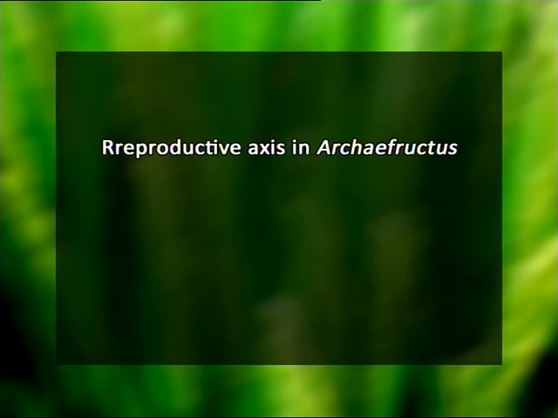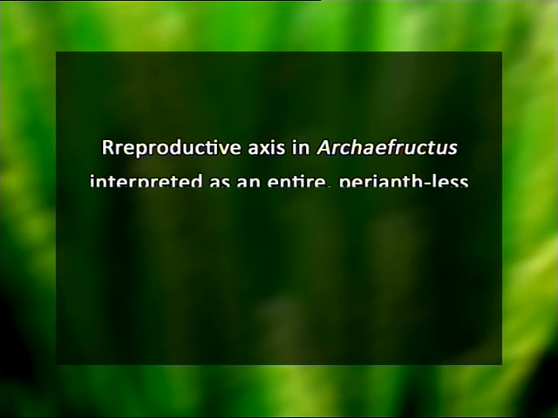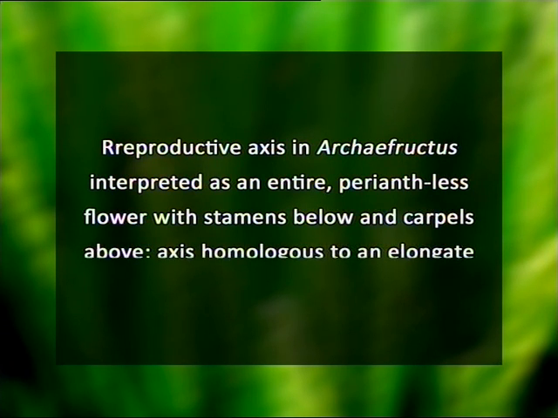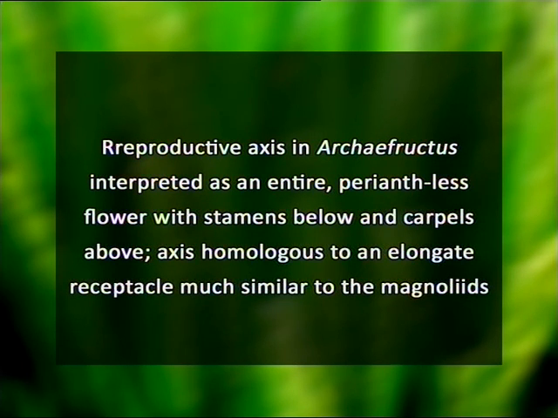The interpretation of the relationships of these structures with present-day angiosperms is highly debatable. According to one hypothesis, the reproductive axis that we see in Archaefructus is an entire perianth-less flower with stamens below and carpels above. The axis is perhaps homologous to an elongate receptacle much similar to the magnolias.